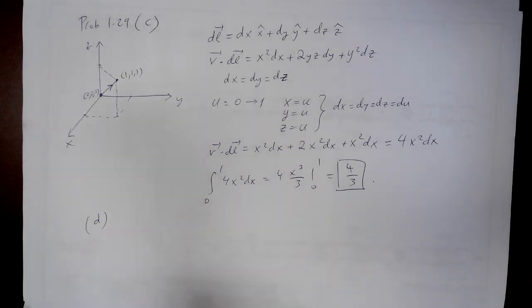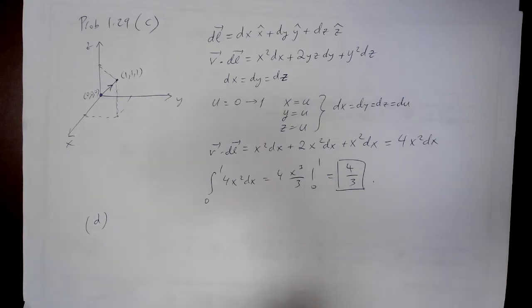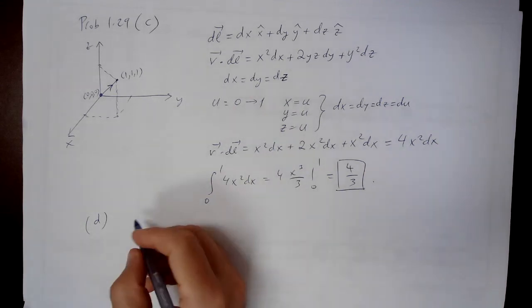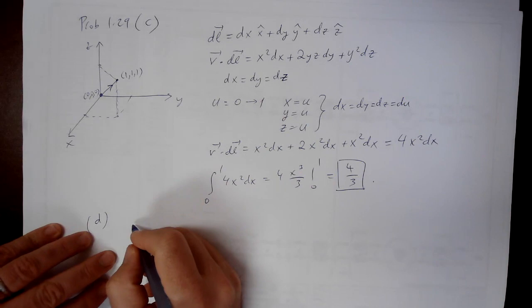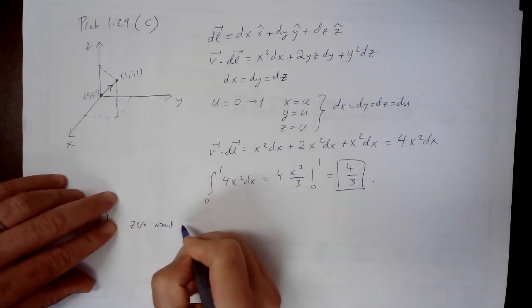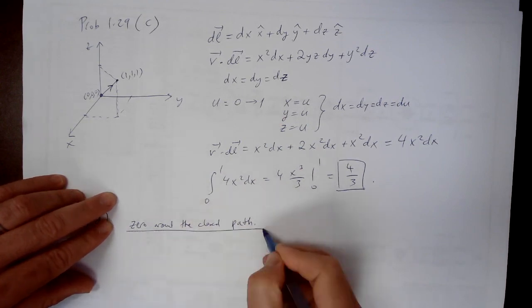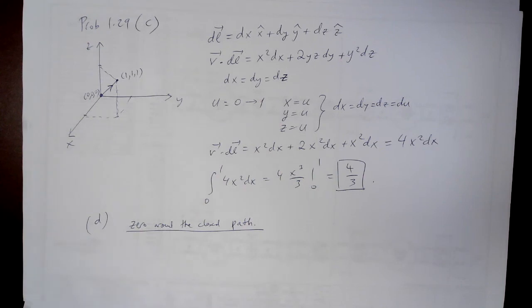I didn't do part B explicitly here, but it also gives you 4/3. So you go along one path and come back, that means 4/3 minus 4/3, you're going to get 0 around the closed path. All right, I hope you enjoyed the solution.